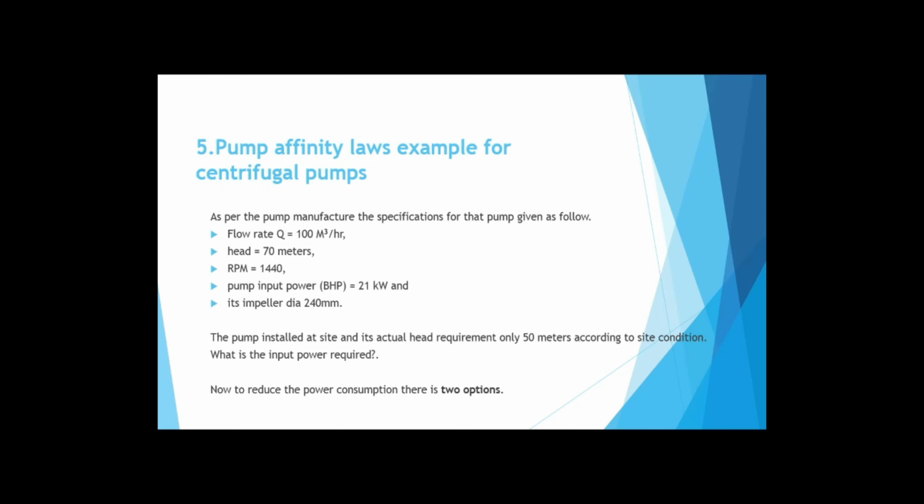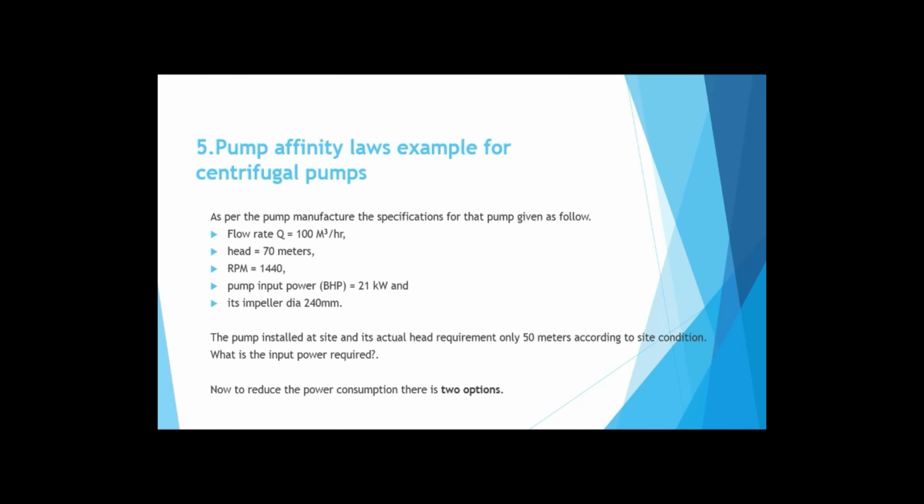So first of all, try to understand: the pump was designed for flow rate 100 cubic meter, head 70 meters. But after installing the pump at site, they found their head requirement is only 50 meters, which means they reduce the head from 70 meters to 50 meters.